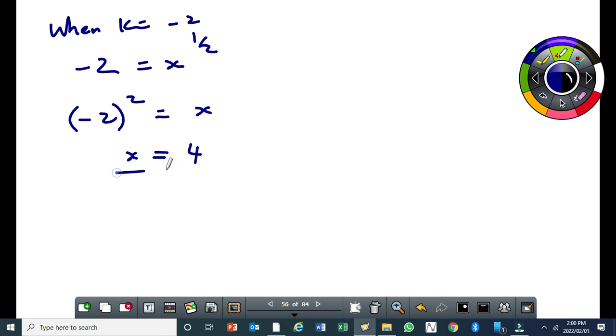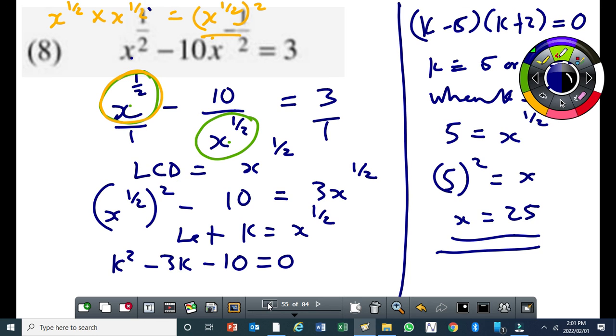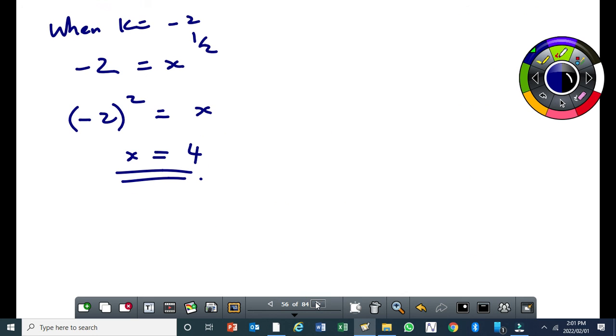So x will be 4. Okay, let's check that. He's saying there's no solution, so let's prove that. Maybe you are right. Okay, let's check it. Let's substitute x equal to 4 back into the original equation.